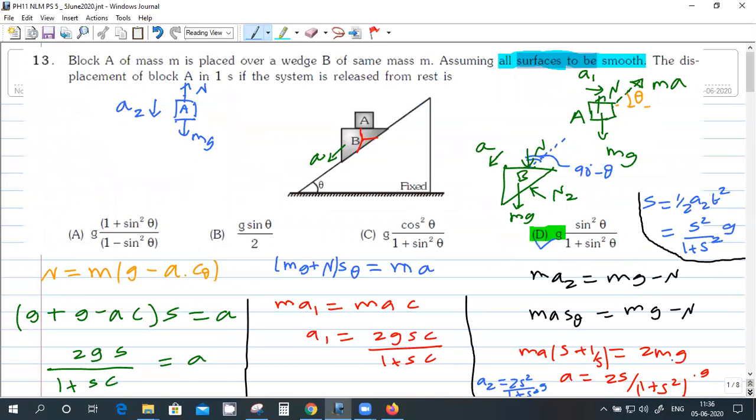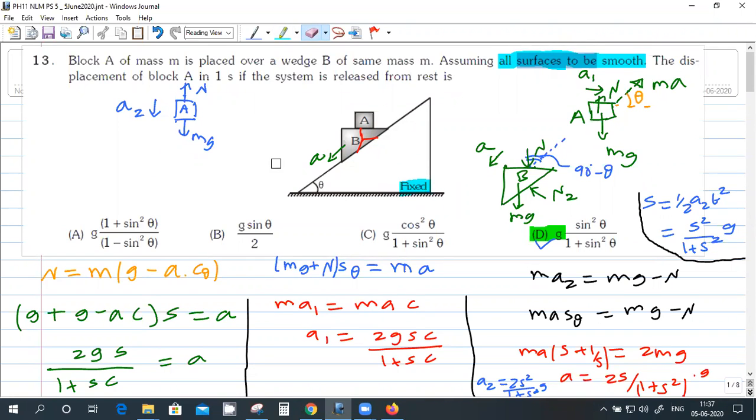Last time we started this problem. You remember this problem? Okay, so this bottom one is fixed. This P is going to slide down, and A will also move. A could slide on B. That is possible.